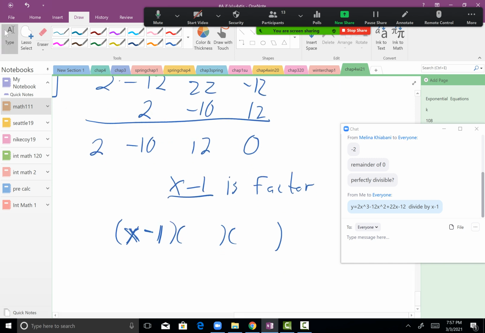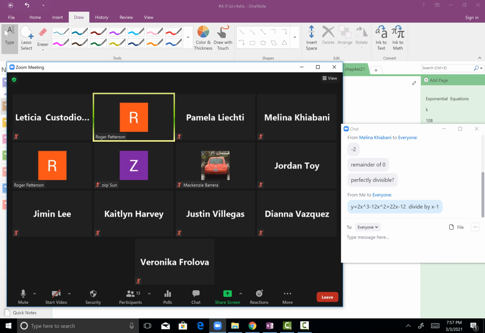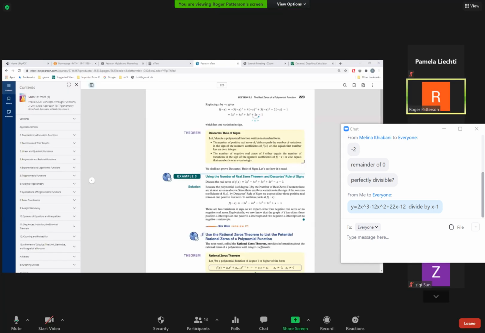Now, hang in there for a little bit here. We're almost done. I want to show you this, and this is in your book. It talks about something called Descartes' rule of signs. This is something that we just don't teach anymore, and the reason is because technology has replaced it. You don't need to use Descartes' rule of signs. I'm going to show you some problems where the book says to use it and you don't need it.